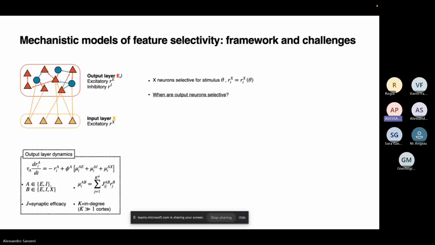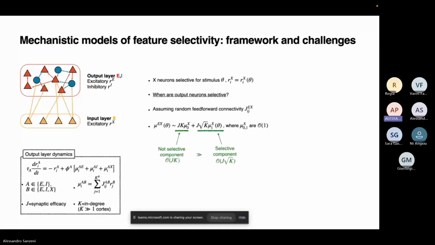One way to answer that question is to look at the selectivity that the neurons receive, so this feed-forward input here. If we assume that the projections from this layer to this layer are random, and we take into account this large in-degree, then we can estimate this feed-forward current as the sum of two components.